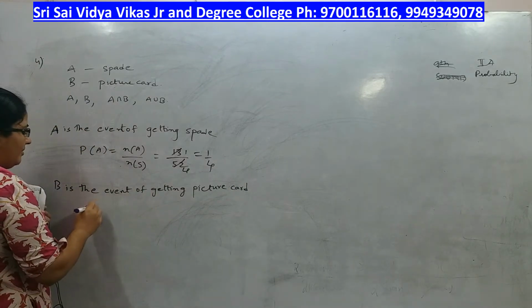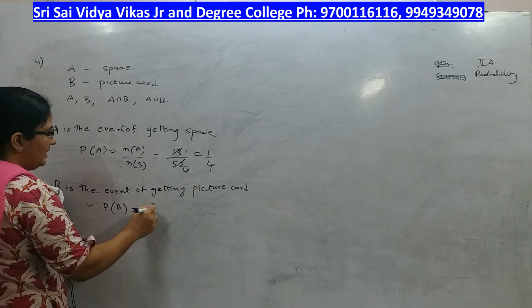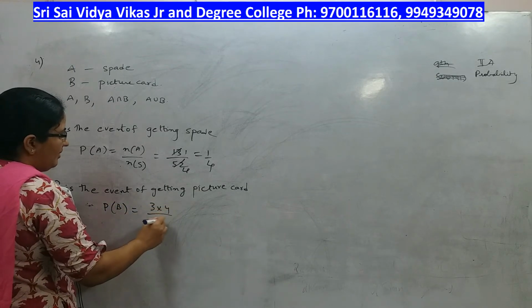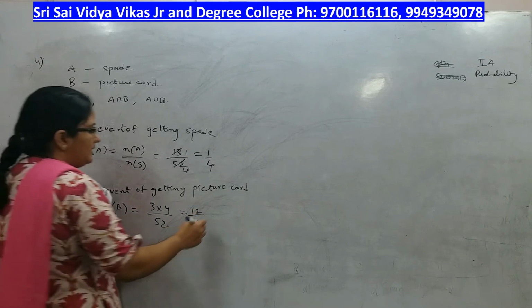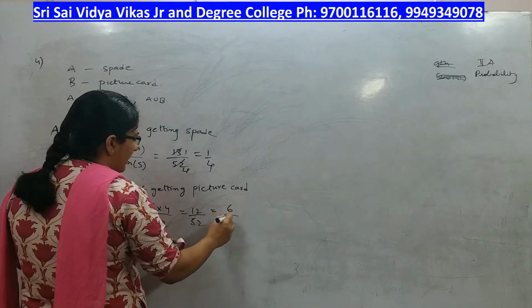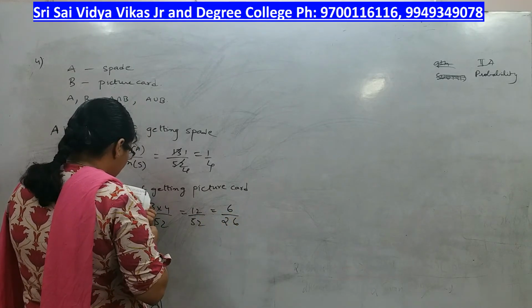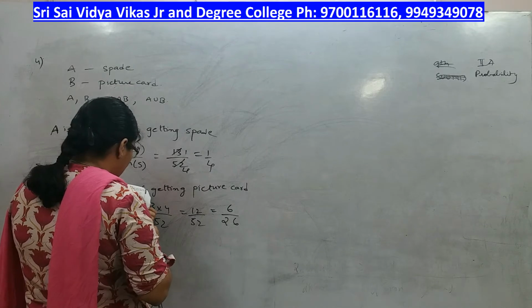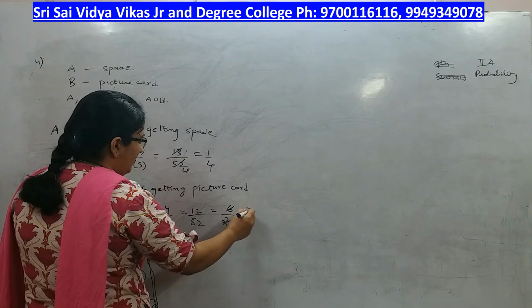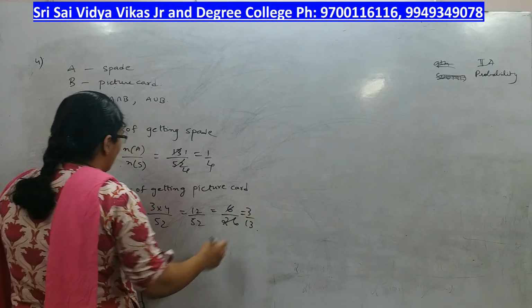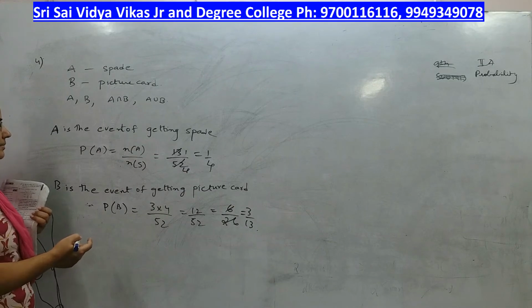P of B is equal to 3 into 4 by 52, that is 12 by 52, which is 6 by 26, which is 3 by 13. The probability of getting a picture card is 3 by 13.